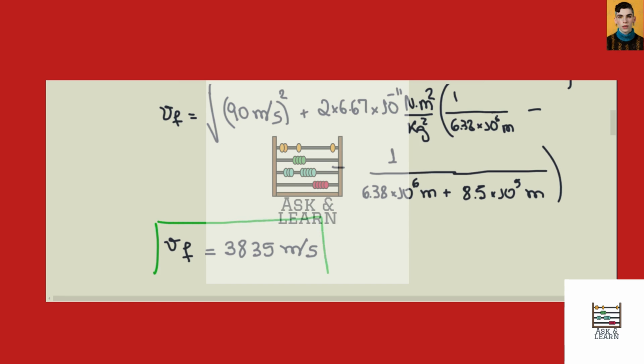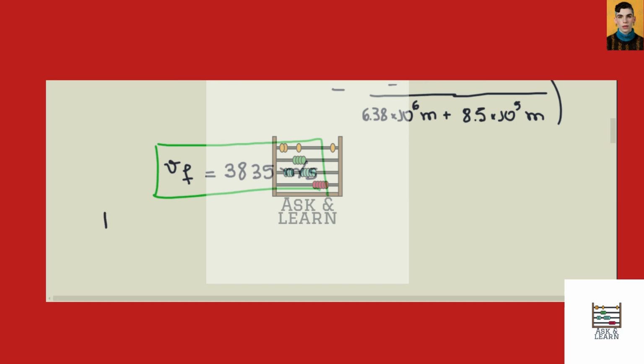Then in question B, our goal is to calculate the work exerted by the sand over the meteor in order to completely force it to a halt. So the work is going to be equal to the variation in kinetic energy of the meteor.